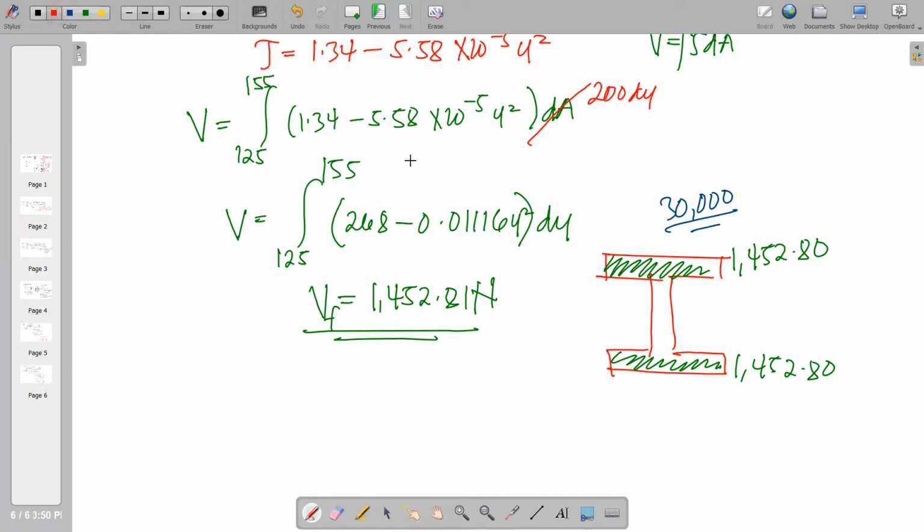Therefore, the remaining portion here is equal to 30,000 minus 2 times 1452.8, and that shall equate to 27,094.4.